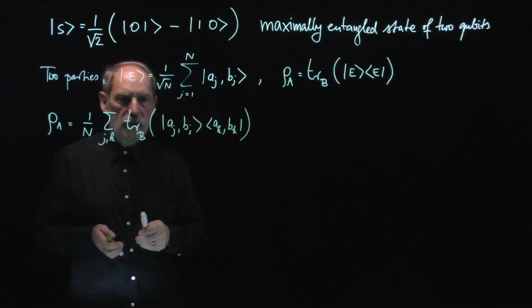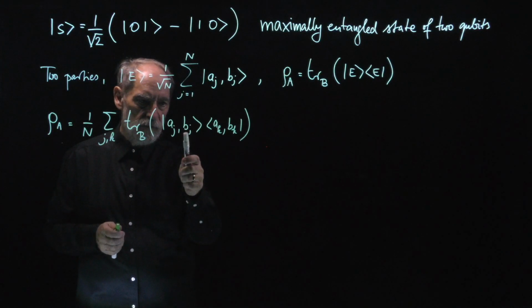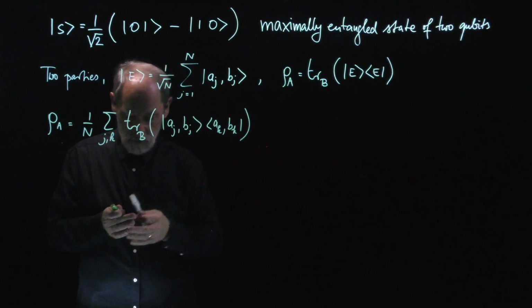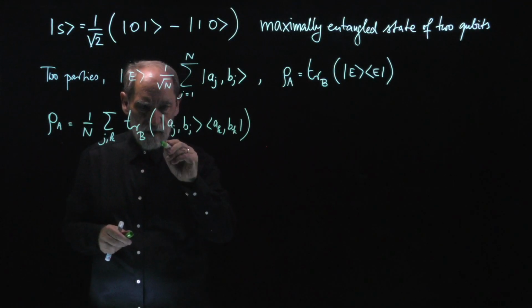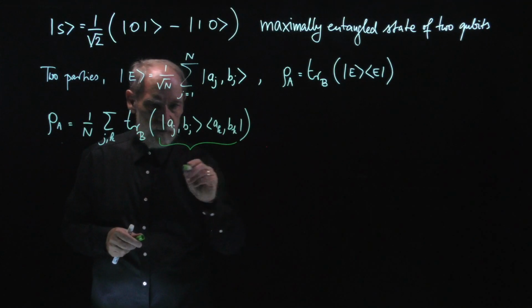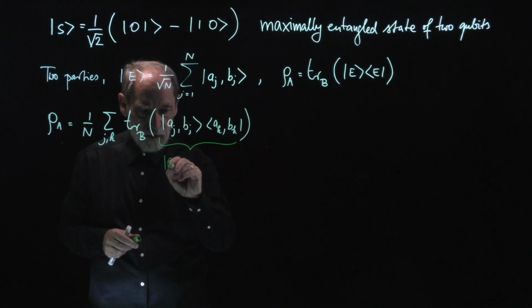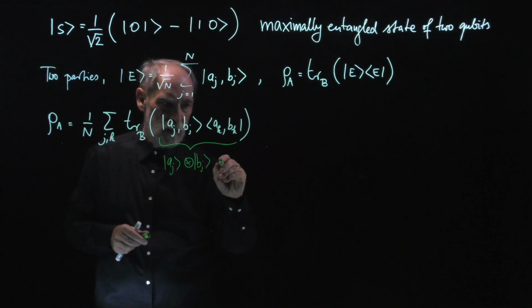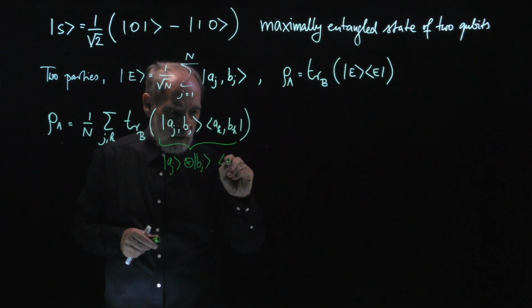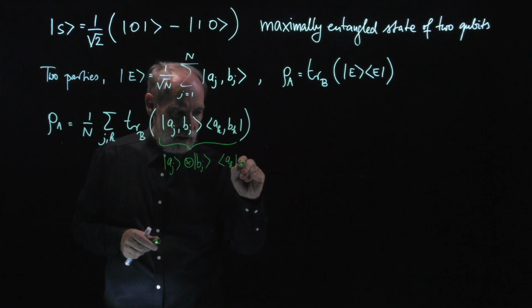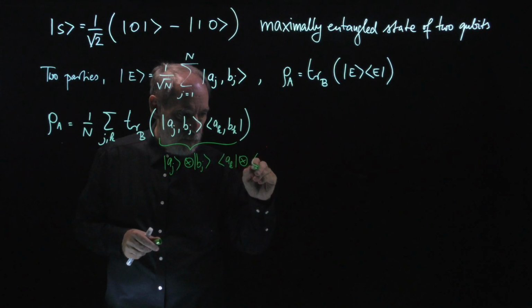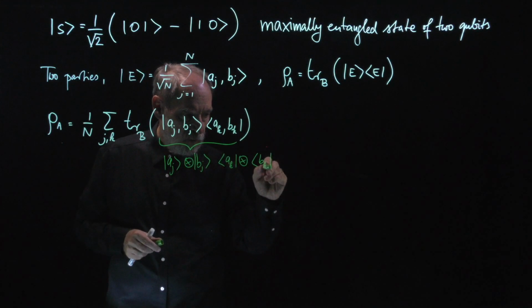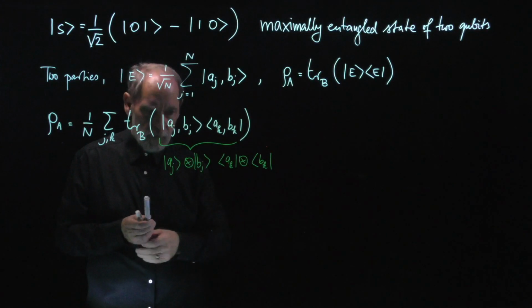So remember that the trace b only refers to the b part here. So to be a bit more detailed, let me just remind ourselves that this is really a tensor product of aj tensor bj for the ket part, and the tensor product of ak tensor bk for the bra part.